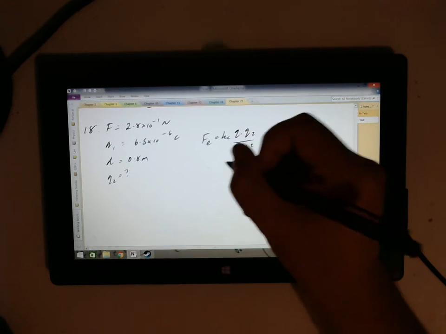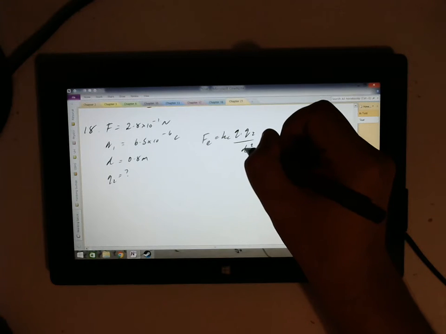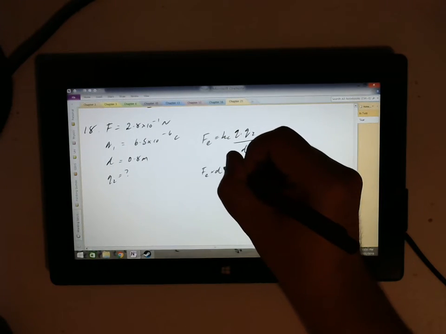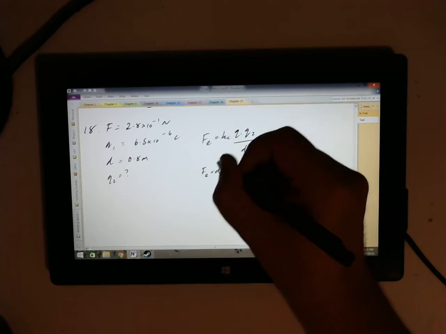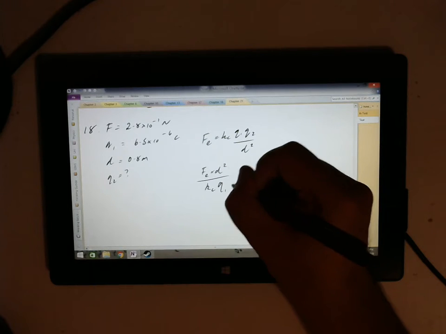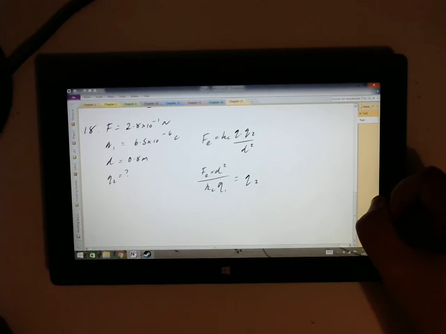Let's do our substitution. Actually, let's do our rearrangement first, because let's get Q2 alone. So I'm going to multiply by d squared over force, times d squared. I'm going to divide Kc over, and then divide Q1 over, equals Q2. And now I just need to substitute.